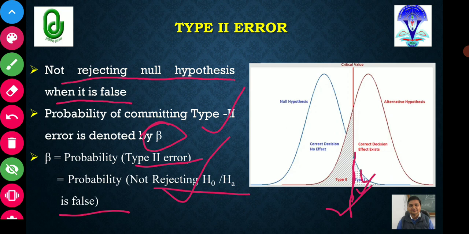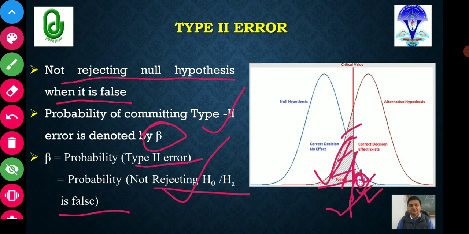So these are the areas where the null hypothesis was false, but you have accepted it. Similarly, in the second area, you can see where the null hypothesis is false and you have accepted it. This is the acceptance region. So the null hypothesis is false, but you have accepted it.